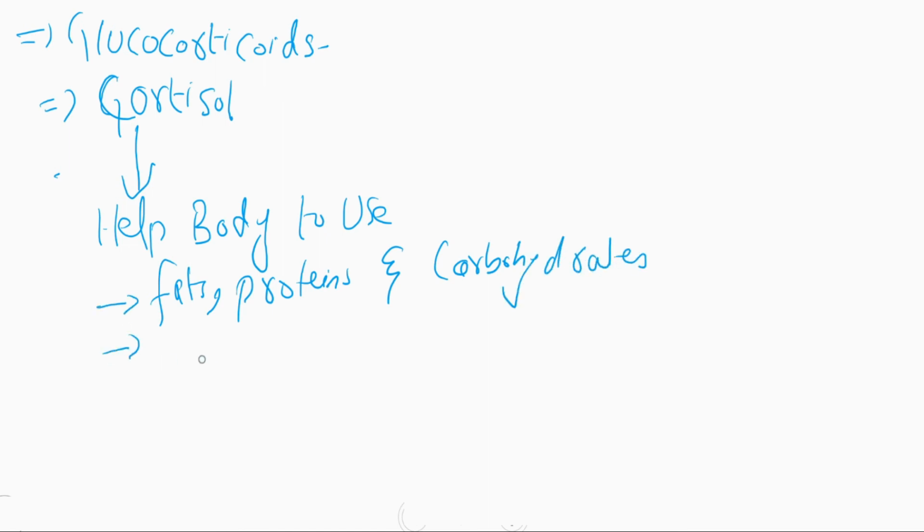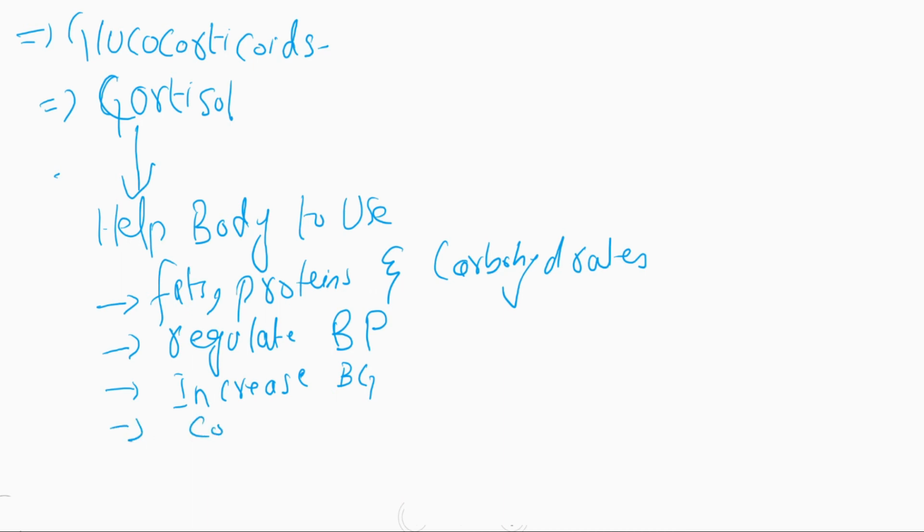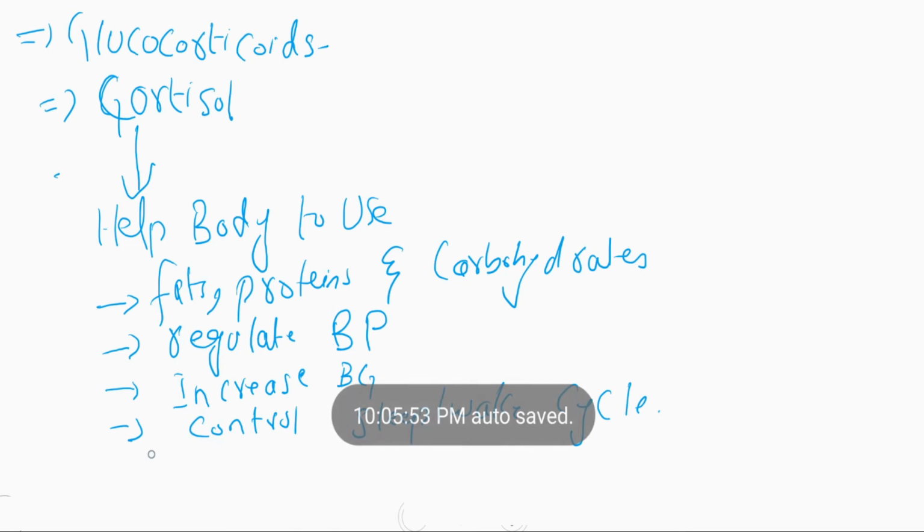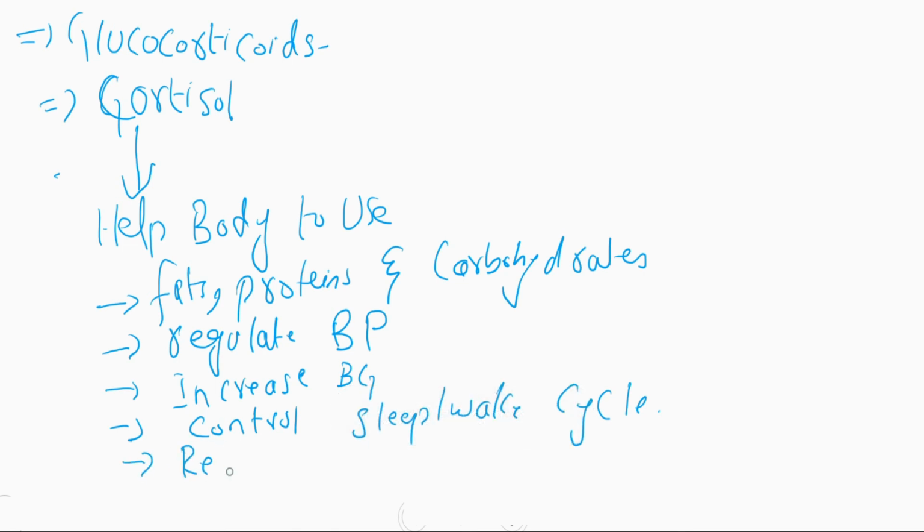Another function of cortisol is to regulate blood pressure and increase blood sugar. Cortisol also controls the sleep and wake cycle. Cortisol is regulated at the time of stress.